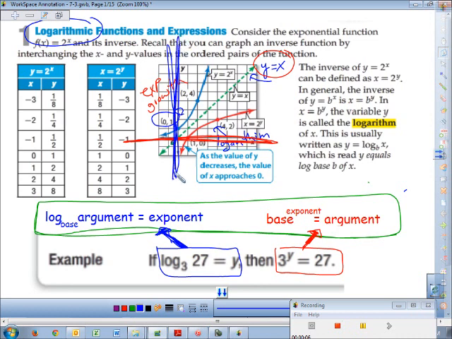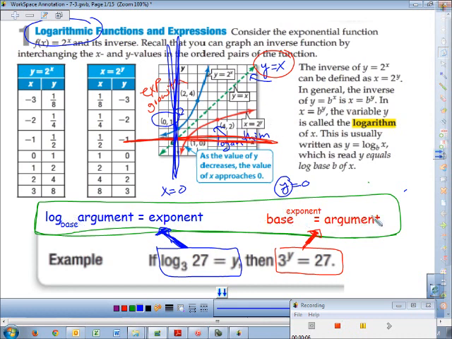Do those reflect to each other over the line y equals x? Right? This is an asymptote for this logarithm. What kind of line is it, though? Vertical. Isn't this at x equals 0, correct? Think about it. If the asymptote for the exponential growth is y equals 0, and we're switching x and y around, wouldn't this switch to an x instead, right? So it's got a vertical asymptote at x equals 0.